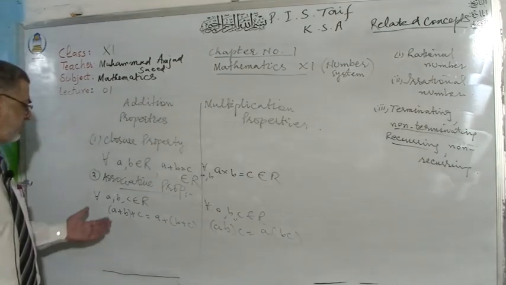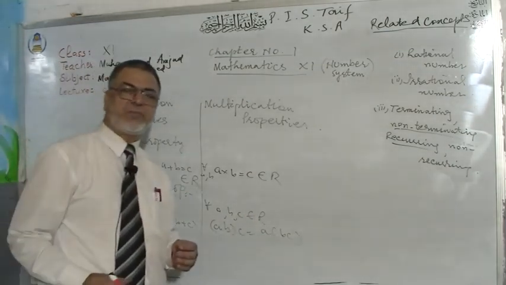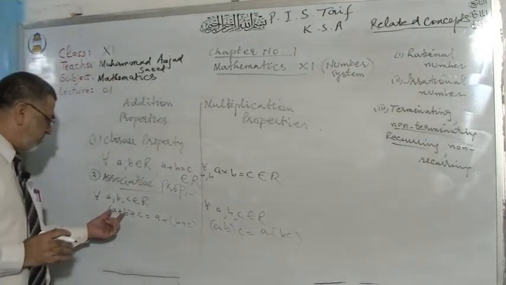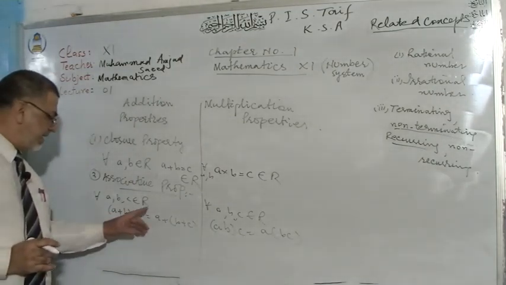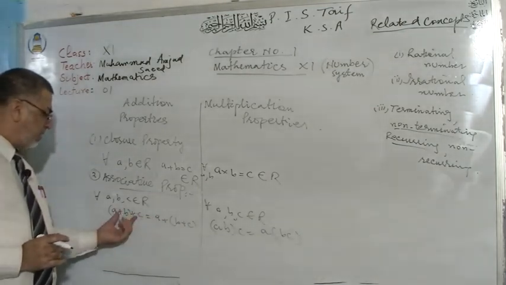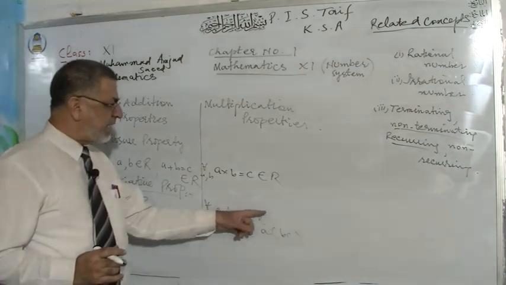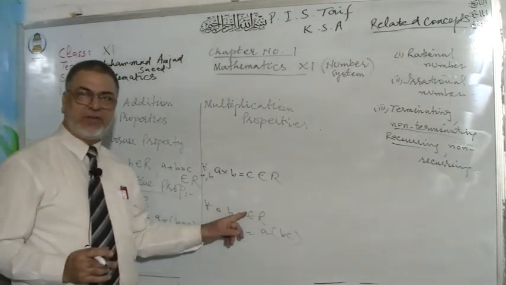Remember that this is associative property. In case of associative property, we need three values. If you add them in this order, first two are added and C is separate, and then second and third are added and A is separate, you will get the same answer. Similarly, in case of associative property of multiplication, you need three values.